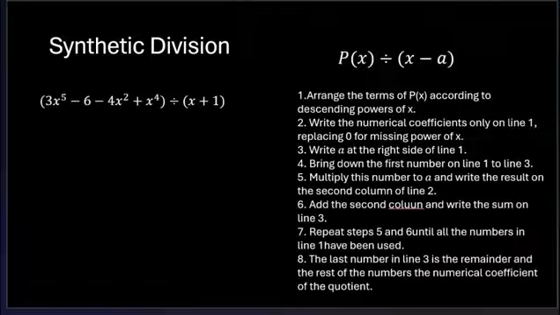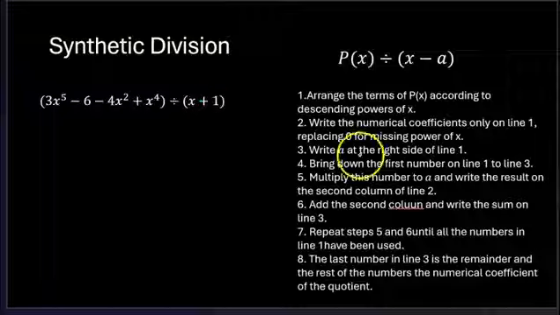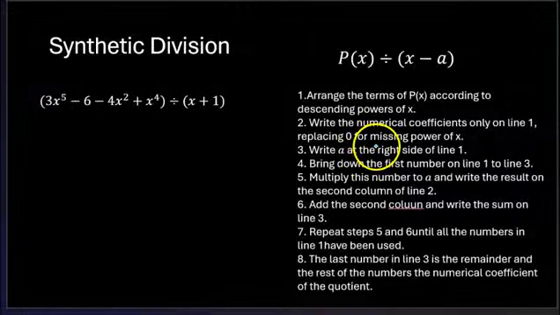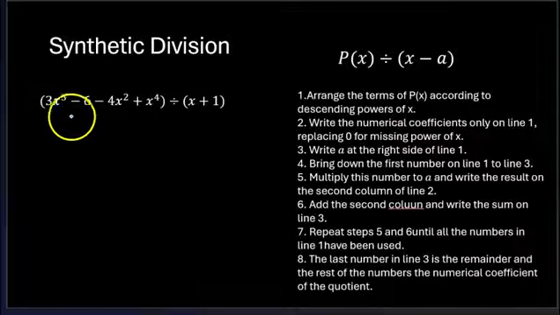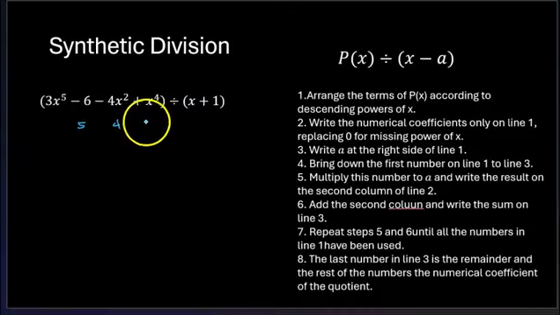So how do we do this? For this one, it's the same rule. You arrange that in decreasing order, starting with the exponent 5, 4, 3, 2, 1, and then constant. So I'm going to get the numerical coefficient 3.